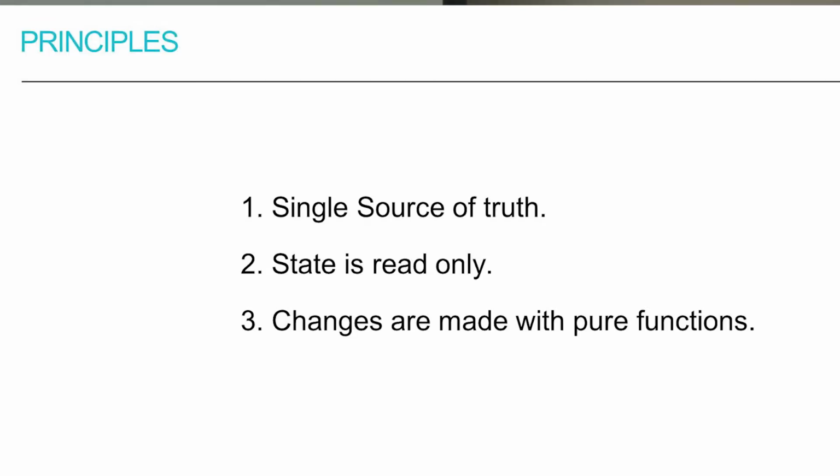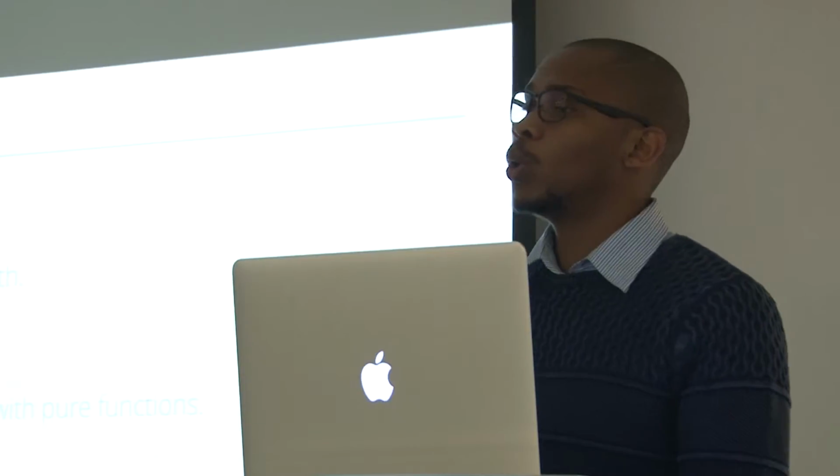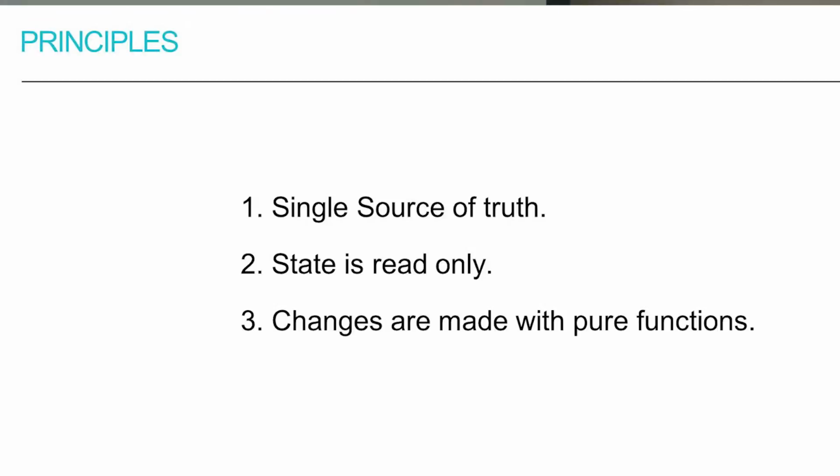Cool. Number 2, the state is read-only. So this means that whenever you want to change the state, you need to emit an action to say, I want to do this. I want to perform some form of action. And that's all you do, right? You don't make changes to the state directly.